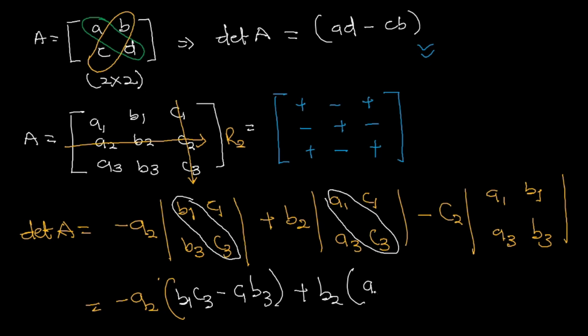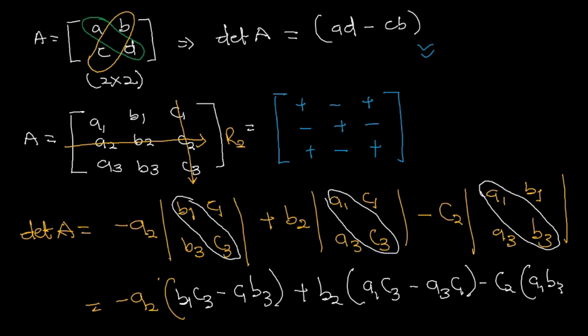That will become A1 C3, then minus A3 C1, then minus C2 into bracket. We multiply this again, so it becomes A1 B3, then minus A3 B1. Okay, so that is how we find the determinant of the matrix A if we are to use the second row.